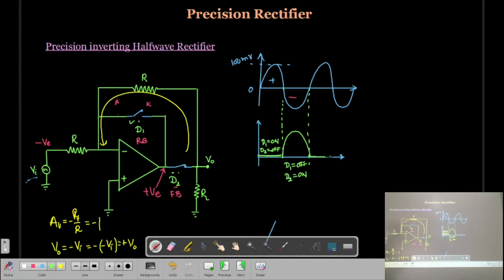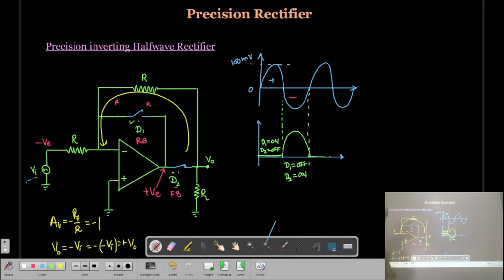So basically here, what is the difference between the previous circuit and this circuit? In the previous circuit, when your negative voltage is there, then the output of the op-amp goes to saturation. Here it will not go to saturation, remember, because it has a path. Here during this negative cycle, we have this feedback and the gain of the amplifier is minus 1.